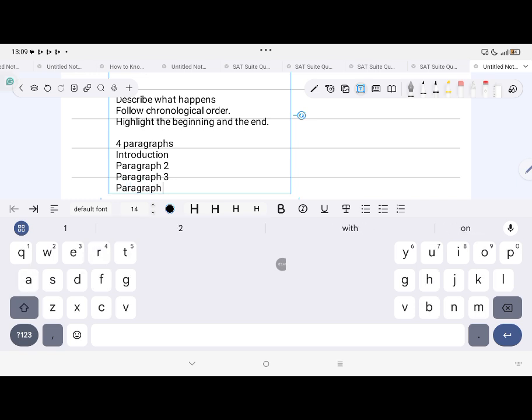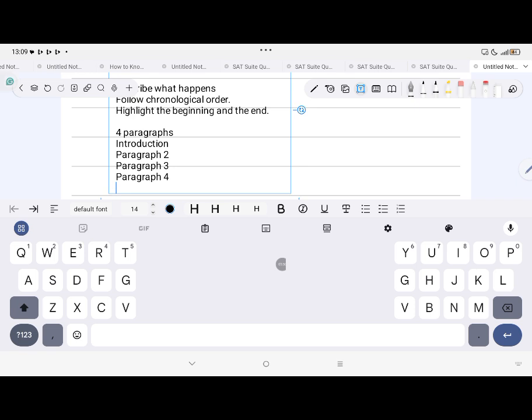Writing 200 words is not terrible, but you want to stay within the range of 150 and 180. Definitely, you will not be penalized for writing more than 150, but you do not want to write less than 150. Now let's proceed. So you're going to have at least 4 paragraphs.